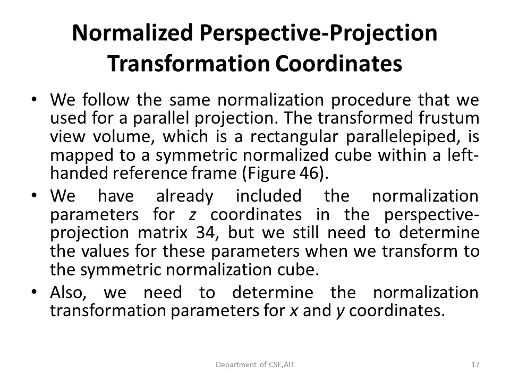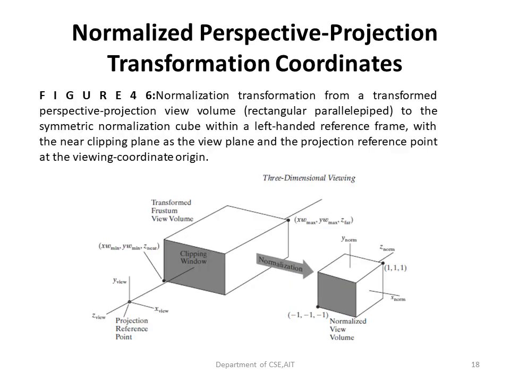Anyhow, we have included the normalization parameters for the z coordinates in the perspective projection matrix, but we have to find the values for these parameters when we transform them to the symmetric normalization cube. We don't know their value yet. And also we have to find the normalization transformation parameters for the x and the y coordinates.